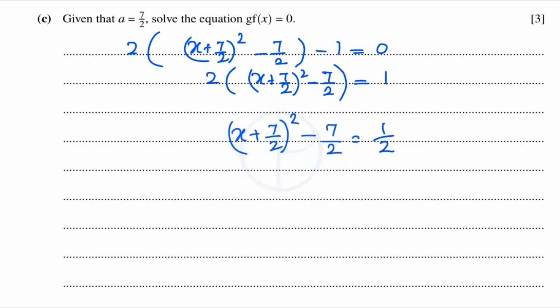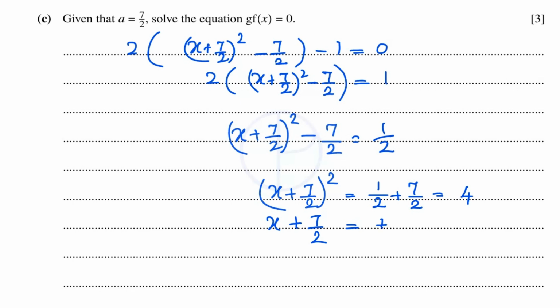Okay, now add 7 over 2 on both the sides. So we get (x plus 7 over 2) the whole square equal to 1 over 2 plus 7 over 2, which is nothing but 8 over 2, which is equal to 4. So x plus 7 over 2 is equal to, now take square root on both the sides, plus or minus 2.